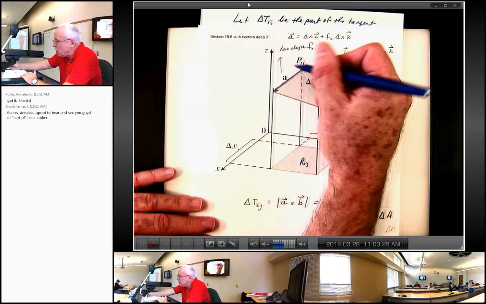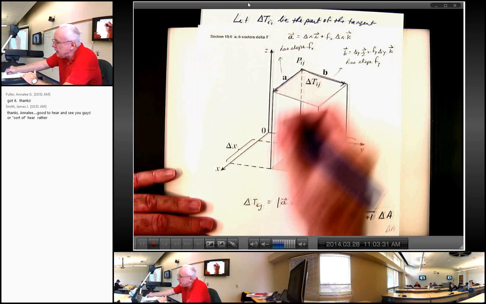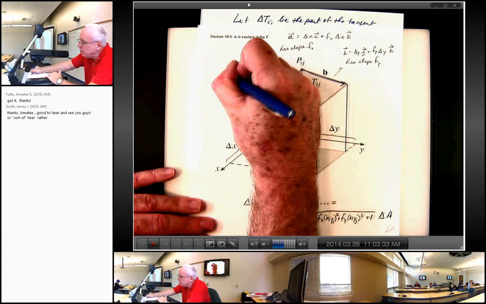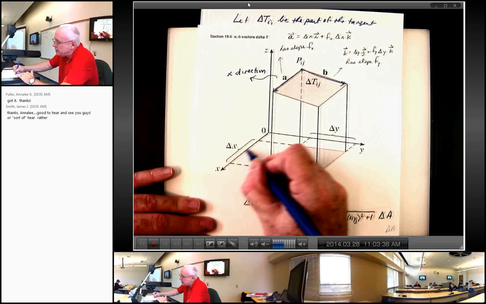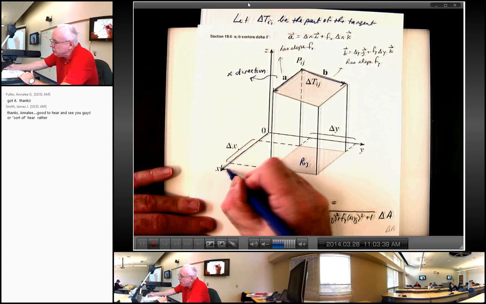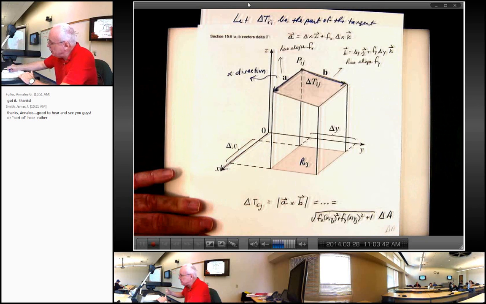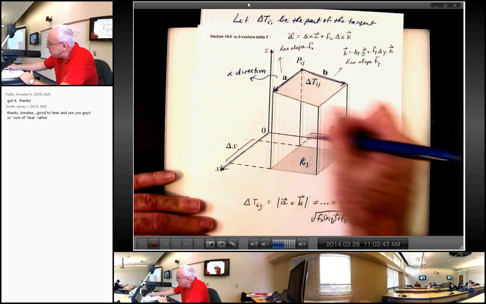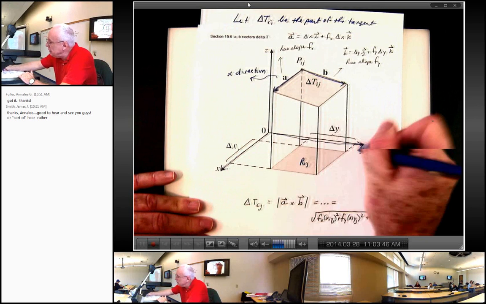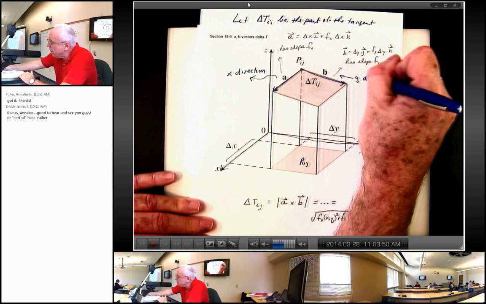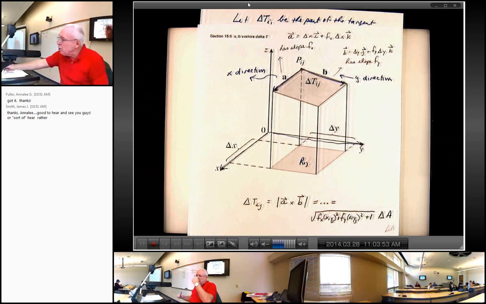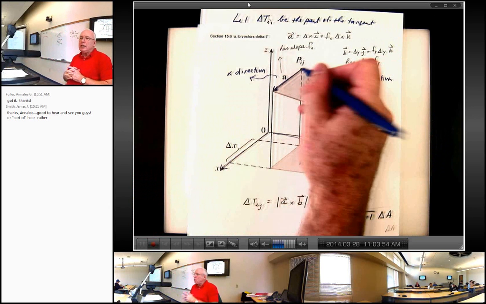A is going in the x direction; the x-axis is right down here. The y-axis is down here, and B is going in the y direction. They're sloping down from this point, Pij.